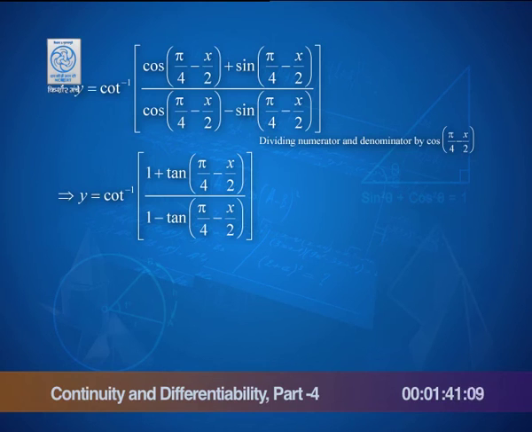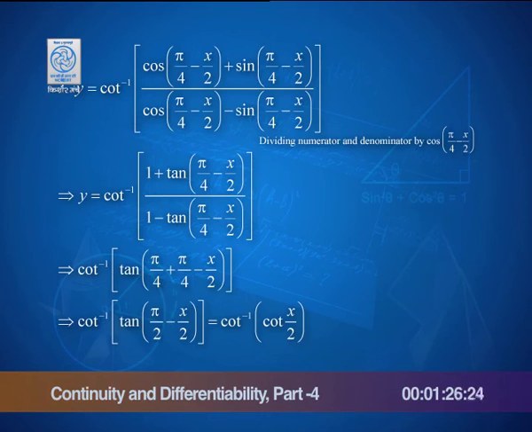This leads us to nothing but cot inverse of tan of pi by 4 plus pi by 4 minus x by 2, a very familiar expression. This results in nothing but cot inverse of tan of pi by 2 minus x by 2, which leads to cot inverse of cot of x by 2. And see, our y is just nothing but x by 2. So, the derivative of y with respect to x is simply half.